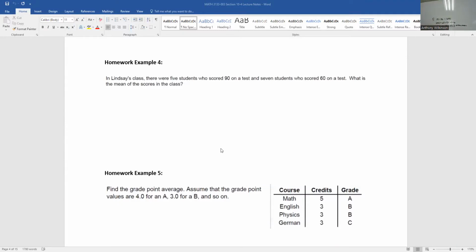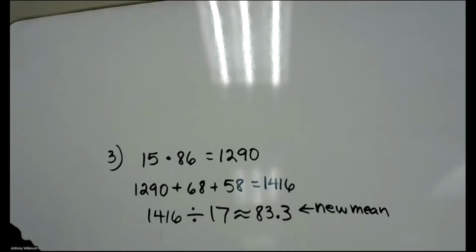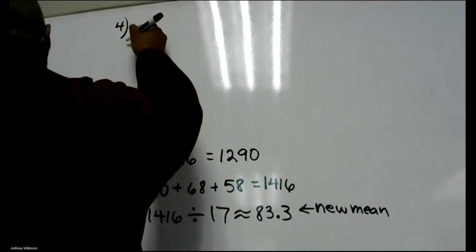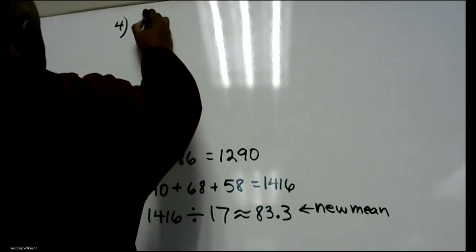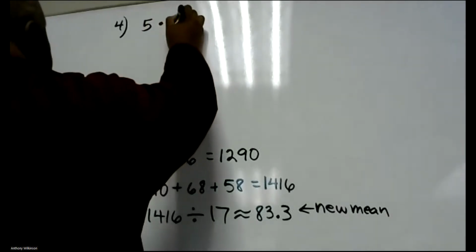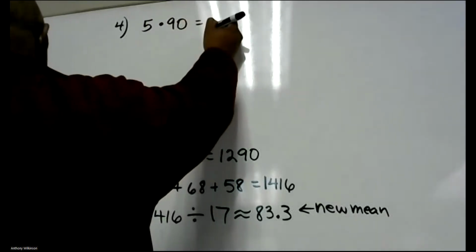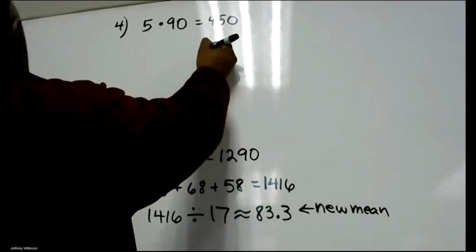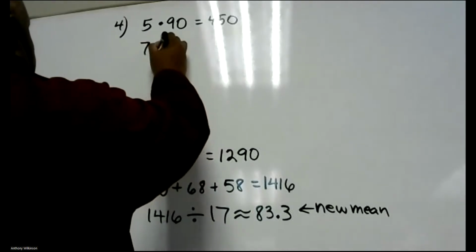All right, let me give you a quick way of doing this one, because we don't have to write out 5 90s and 7 60s on a test. We can do this. Five students scored a 90 on the first test. So if I do 5 times 90, that's going to be how much? 450.